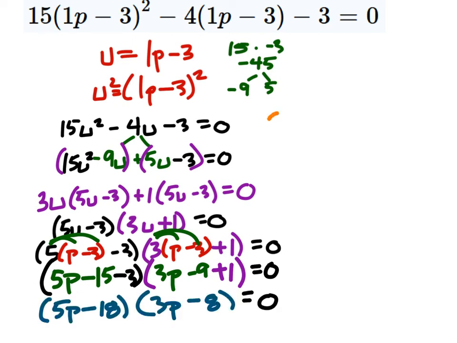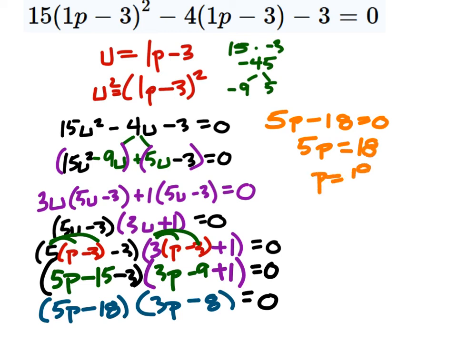Well, once again, if I can get that 5p minus 18 to equal 0, then we're in good shape. So adding 18 to both sides, 5p equals 18. Divide both sides by 5. P is 18 fifths. If you want to write that as a mixed number or decimal, I'm okay with that. But I don't want to, because I'm good with the improper fraction there.